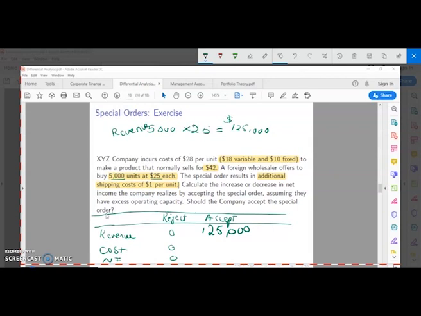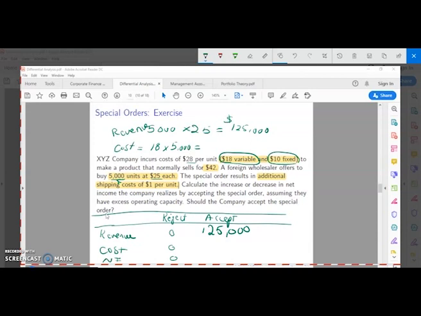First of all, again, we are not adding up the fixed cost, so the fixed cost will not be affected. Out of this $28 per unit, I have $18 for variable cost. So if I want to calculate the cost, I need to multiply this 18 by how many units? Exactly 5,000 units.